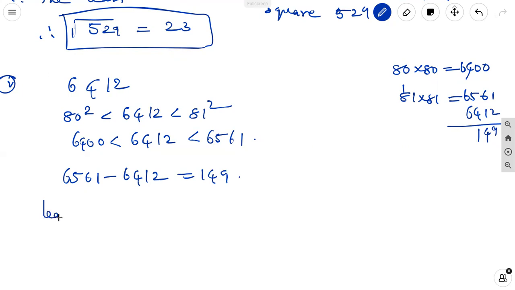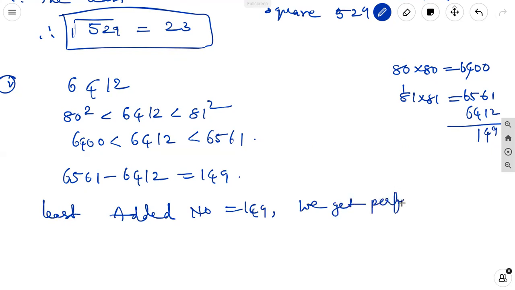Then the least added number is equal to 149. We get the perfect square 6561. That is 81 square. Therefore, the square root of 6561 is equal to 81.